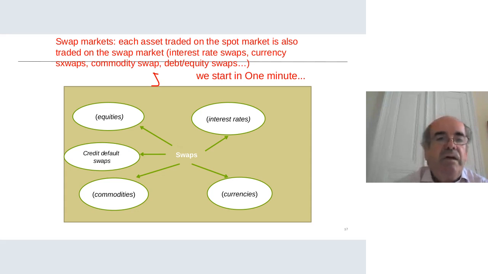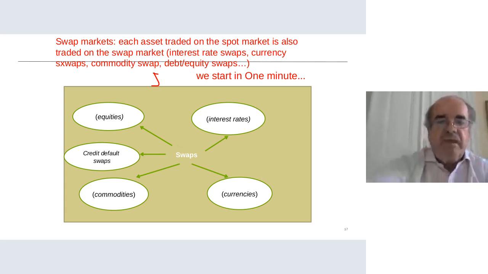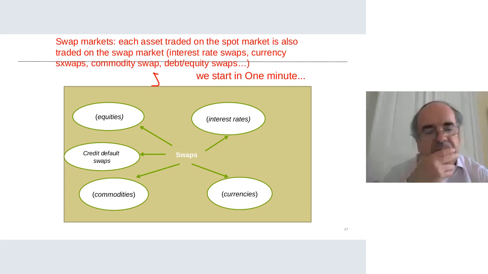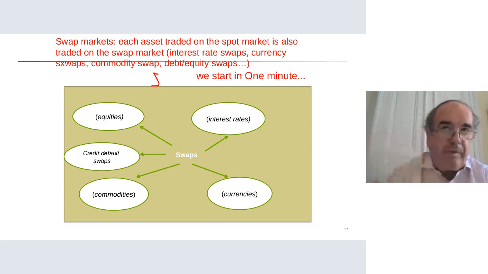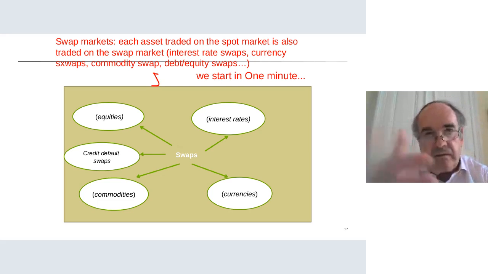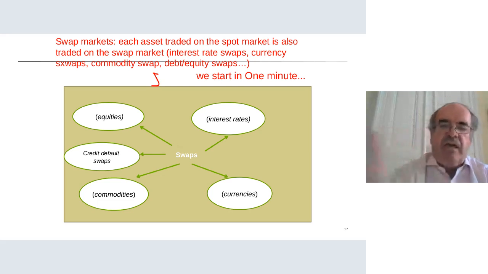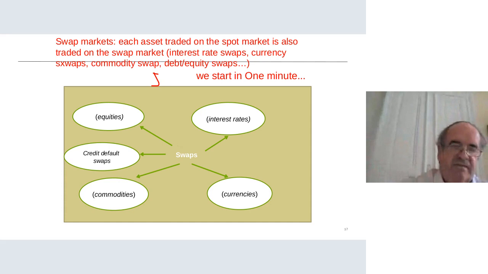Nobody. Okay. About swap. A swap is what we call a derivative also. That's a financial contract between two counterparts, a company and a bank generally, or two banks between themselves. It's seldom between two companies.